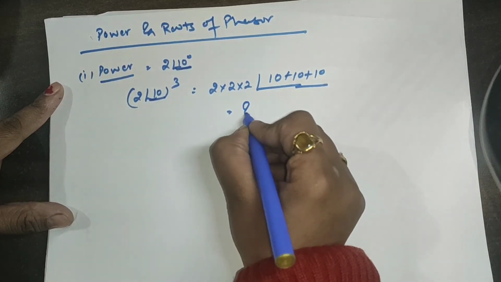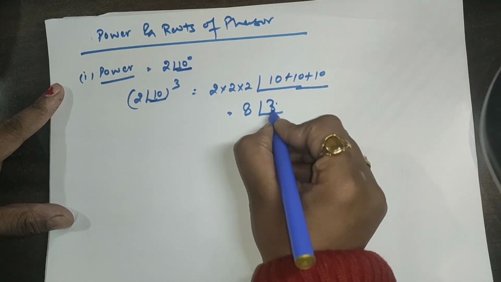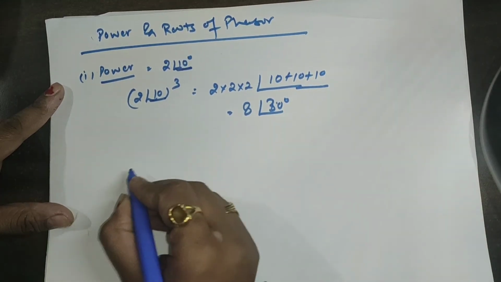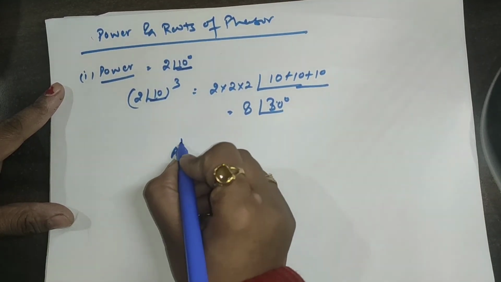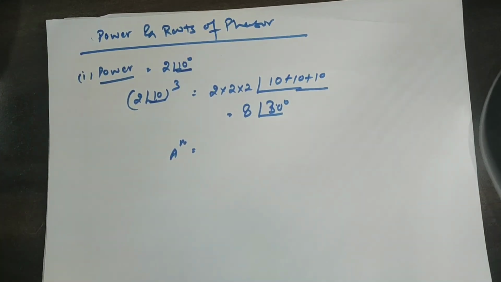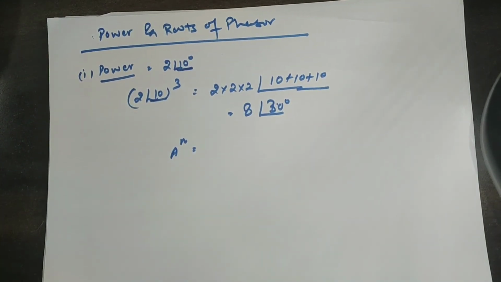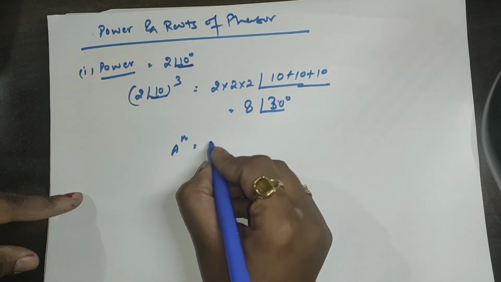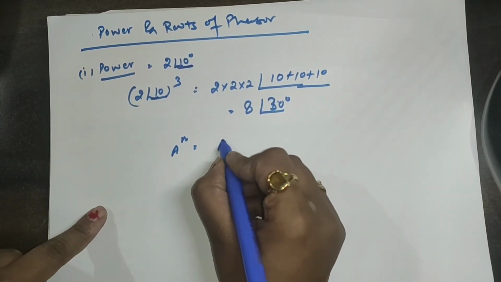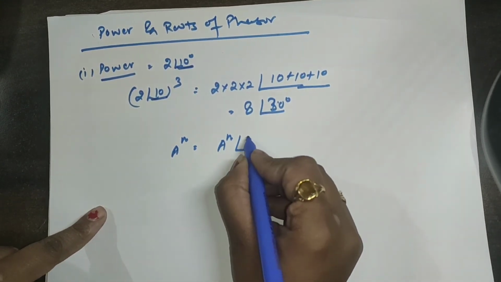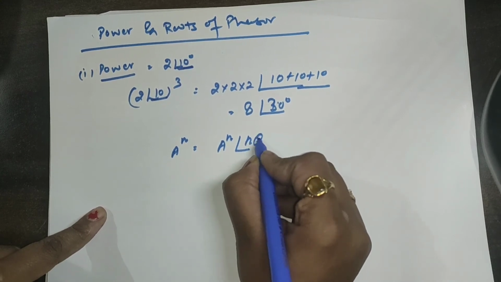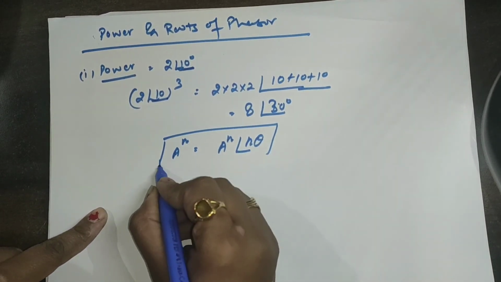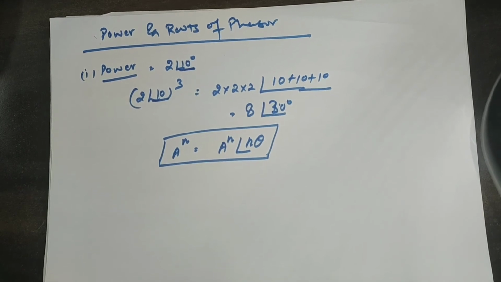So 2 into 2 into 2 is 8, angle 30 degrees. In general, any phasor a angle theta to the power n gives a to the power n, angle n theta. So you can do any power from this.